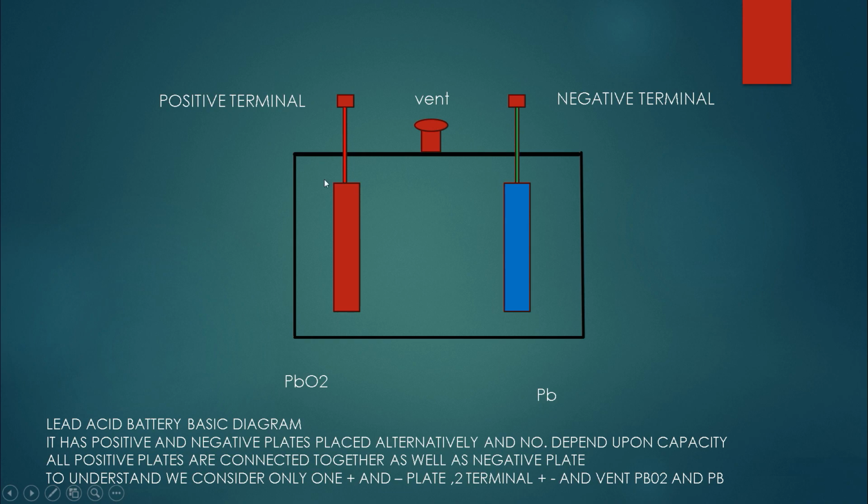Now for your understanding, I am just taking one positive plate and one negative plate, and this is a vent to release gas. This positive plate is lead dioxide and the negative plate is lead.